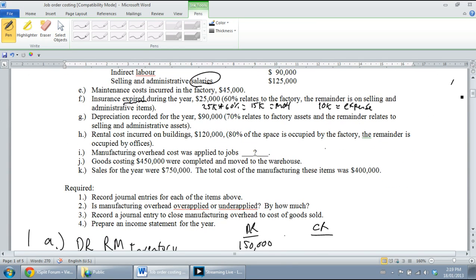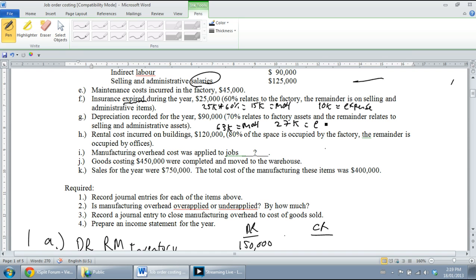All right, well, now we're cooking with gas. Depreciation recorded for the year, $90,000. 70% to factory assets, the remainder to selling and admin. Okay, 70% to factory means 90,000 times 70%. That's 63K is MOH. The rest, 30%, which is 27K, is selling and admin.